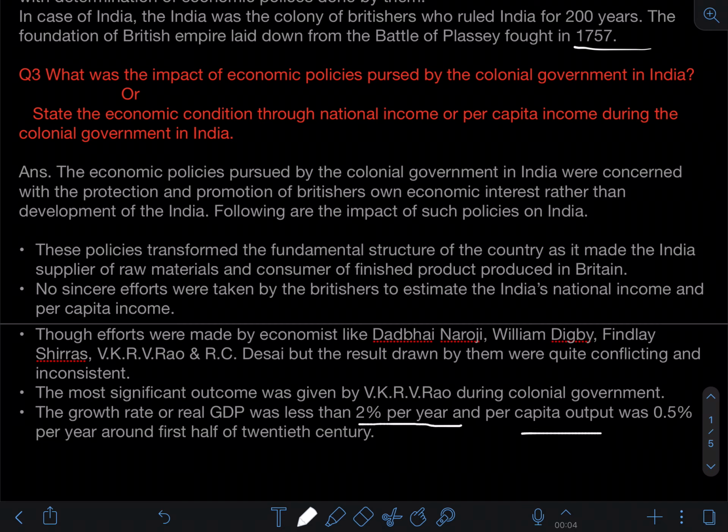At the same time, per capita output growth was 0.5% per year around the first half of the 20th century. This data has been given to you to understand the importance of data, because in the board examination they will expect you to frame answers by including such pieces of information. So that was the impact of economic policies pursued by the colonial government in India.